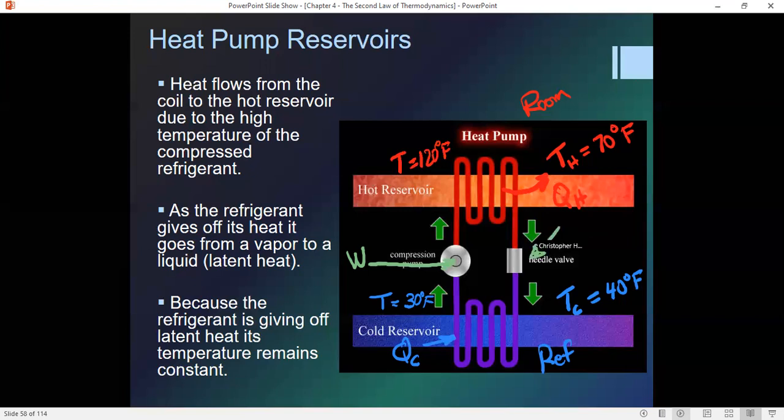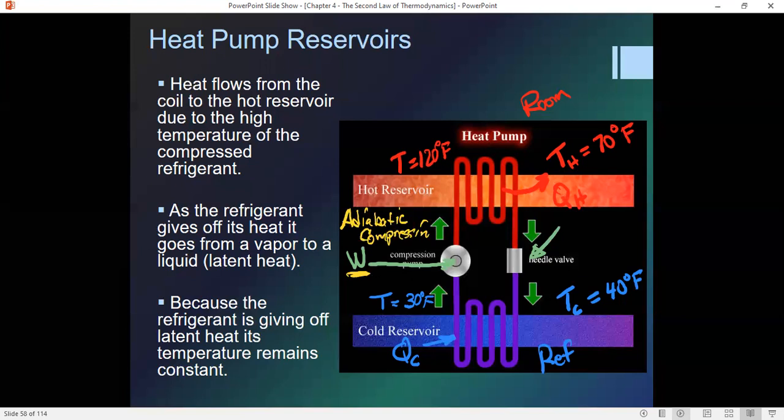Now, you need to do work on a gas to compress it. That's why the compressor pump is on the left-hand side of this diagram. Again, over here, we have adiabatic compression. Compression takes work, and that's why we need to have the pump on that side.